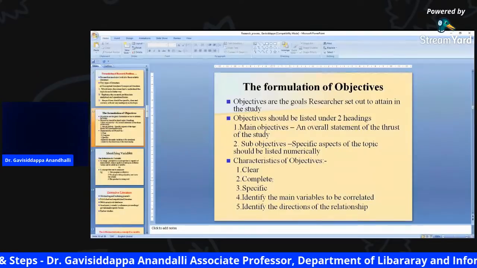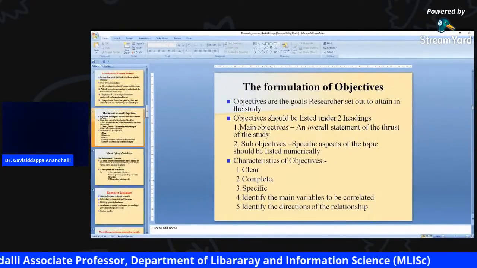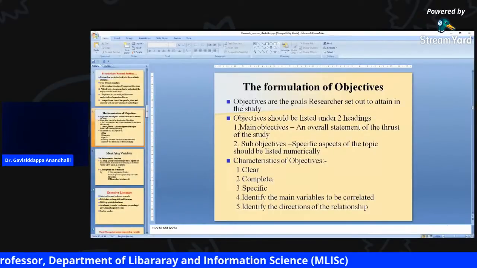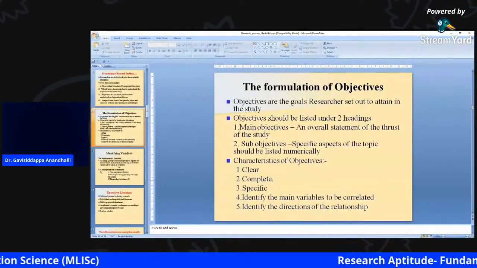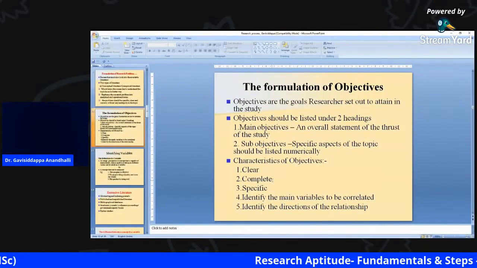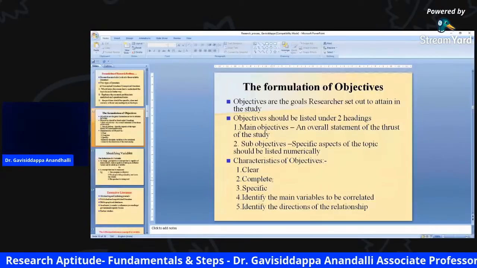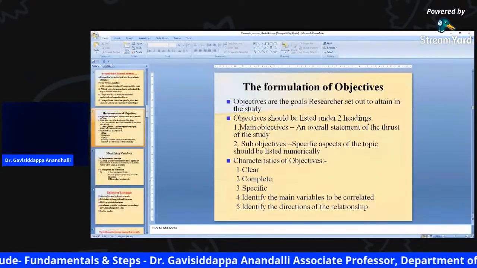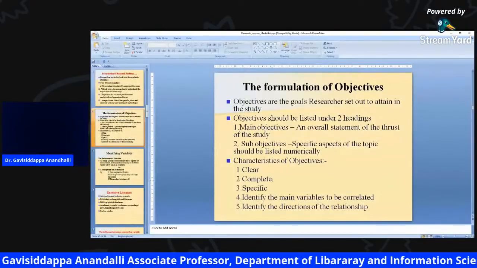In most cases, we formulate the objective in such a way as to find out the socio-economic background of the respondent, to examine the nature of the job satisfaction, to discover the particular frequency of library visits, to examine or investigate the user pattern, or to reveal the information collected in the process.